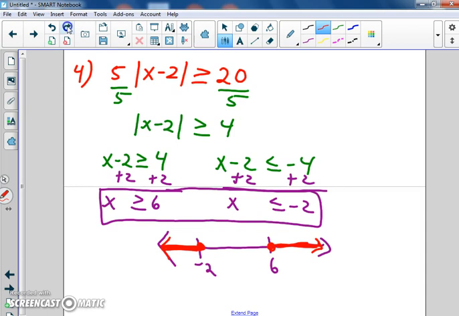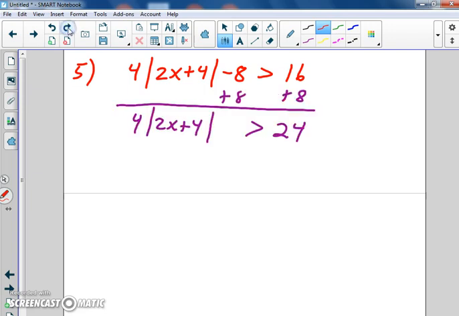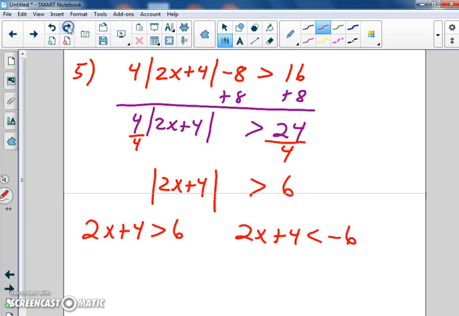Question number 5. Is the absolute value by itself? No. Add 8 to both sides. Divide both sides by 4. Now is the absolute value by itself? Yes. Drop the bars and write it twice. One's the positive, one's the negative.